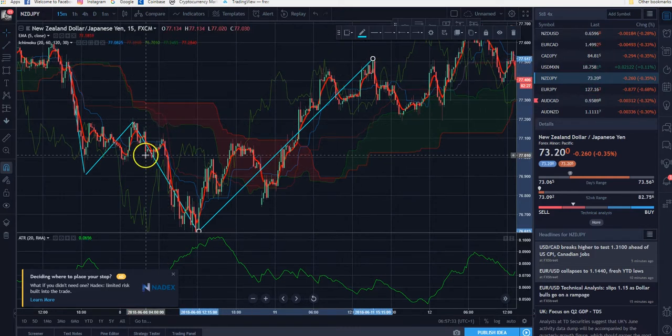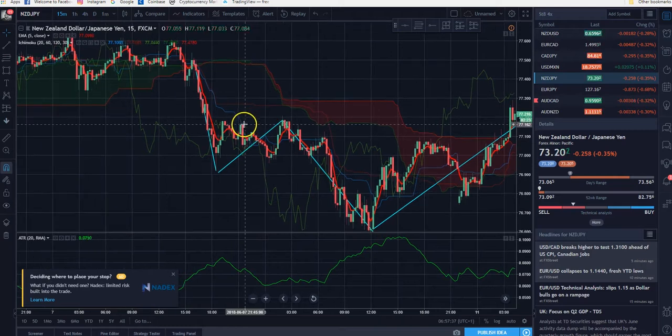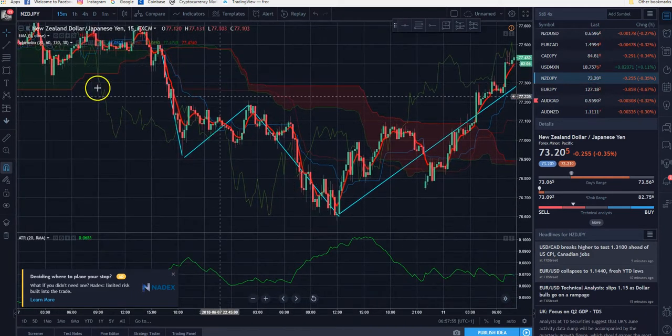That's a break there. So your breaker is going to be the last bullish candle before the break of the higher low, which is called the breaker. So the last bullish candle before the break of the higher low, before the break of the entire structure.